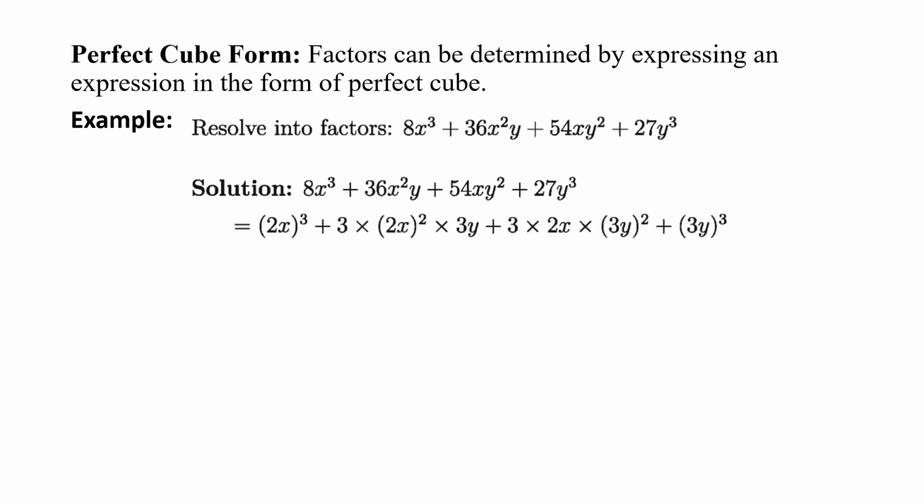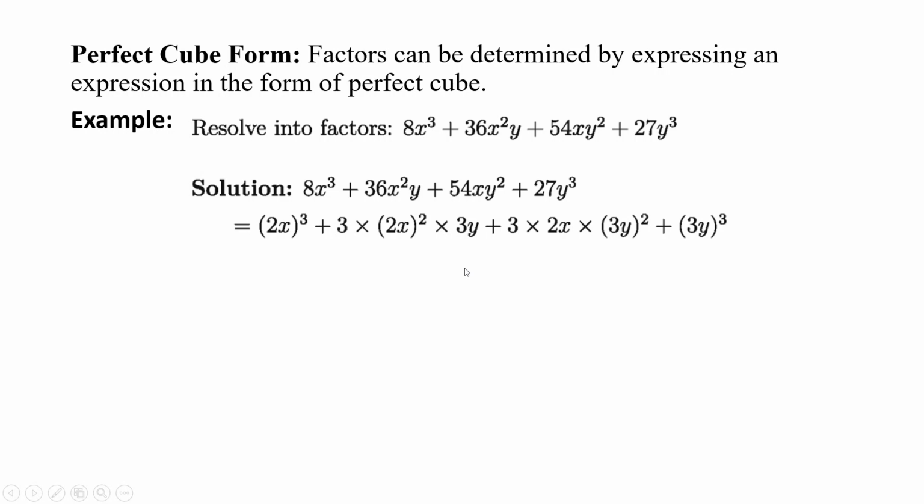You can write 8x cube in the form of (2x) whole cube, and 36x square y in the form of 3 into (2x) whole square into 3y, plus 3 into 2x into (3y) square, plus (3y) whole cube. 27y cube means (3y) whole cube.